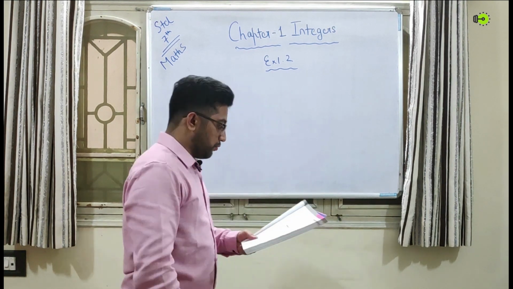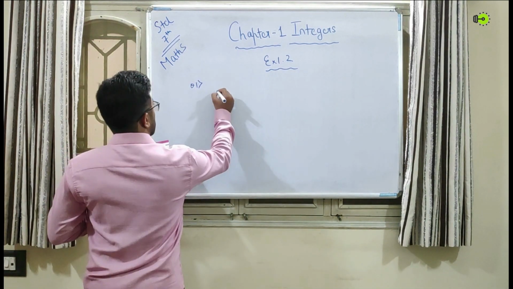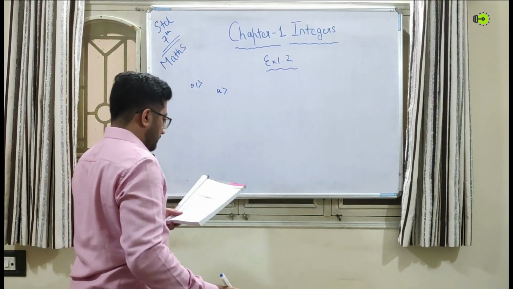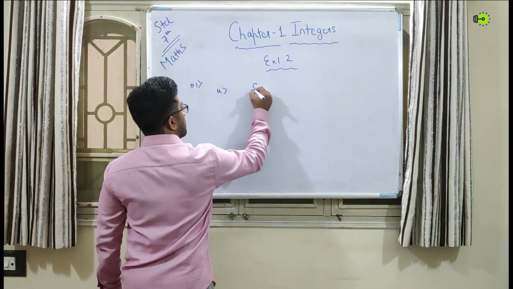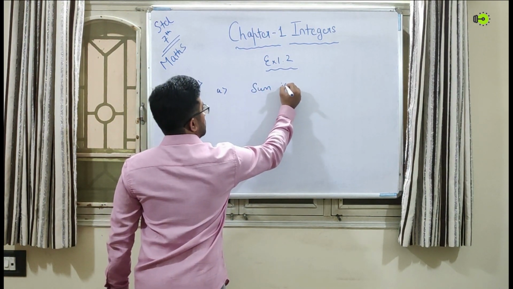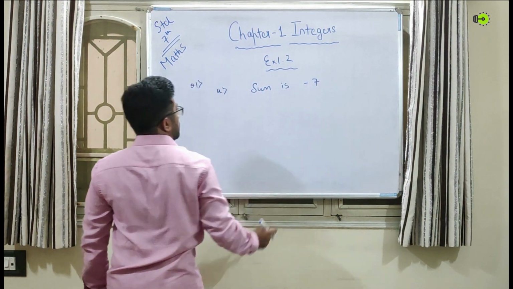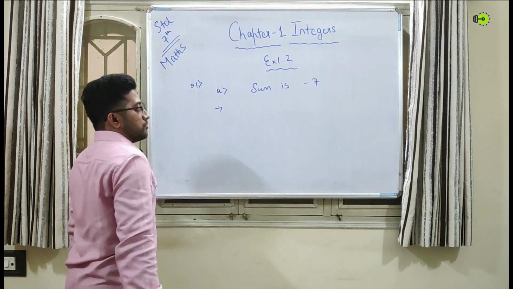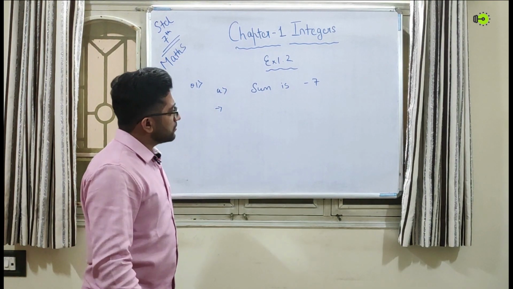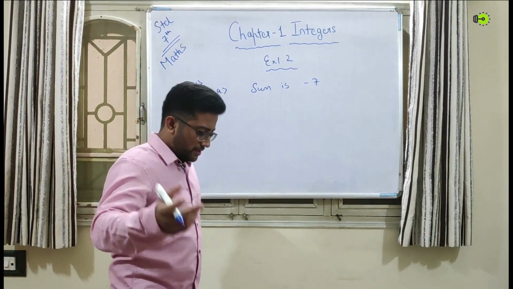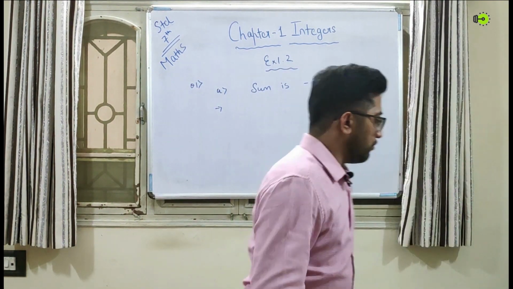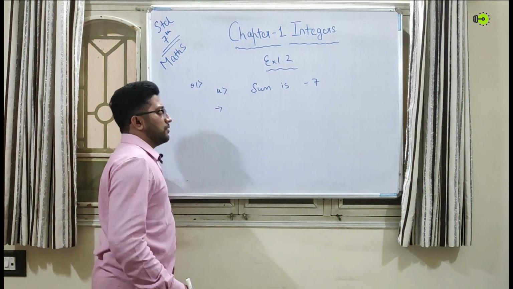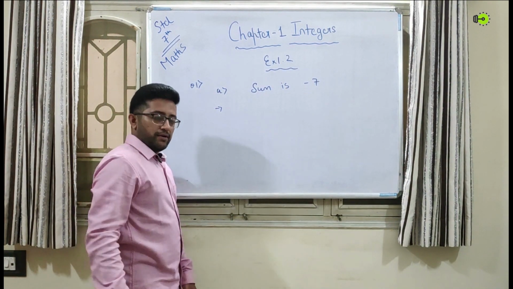So question number one, you have to write down a pair of integers whose sum is minus 7. So let us try to give a pair. We need to just think about the numbers which can give us the sum as minus 7.